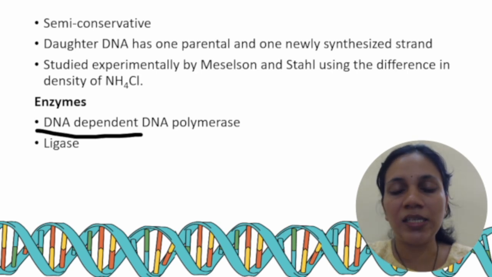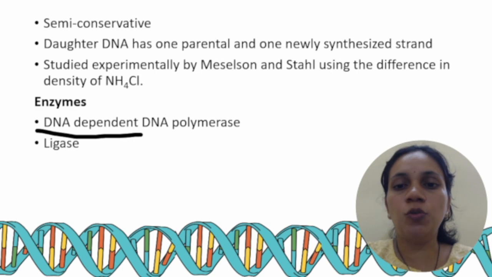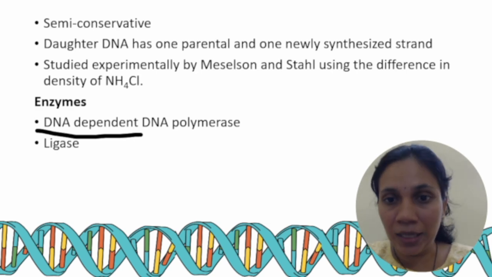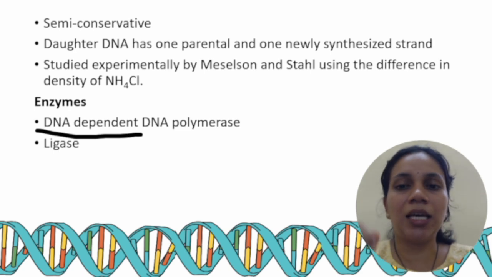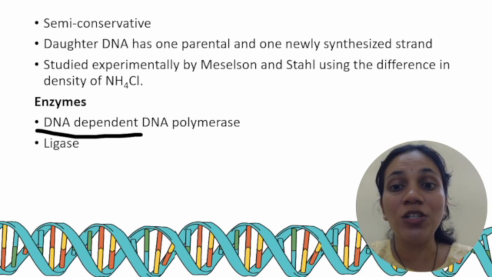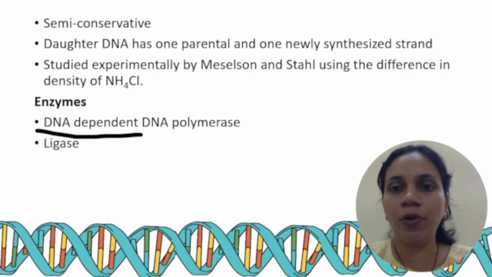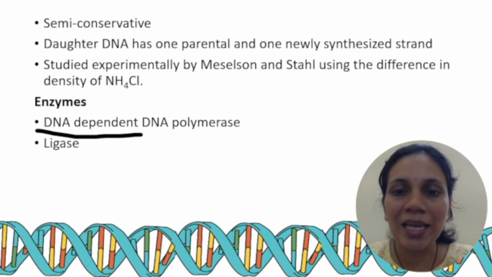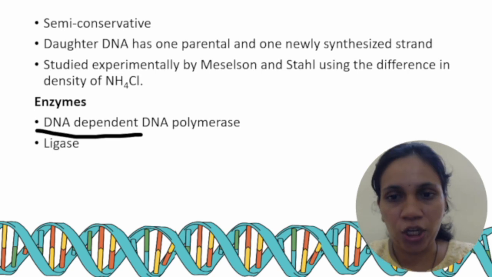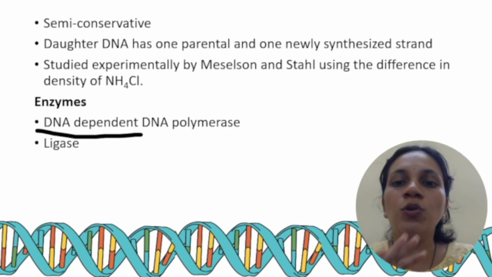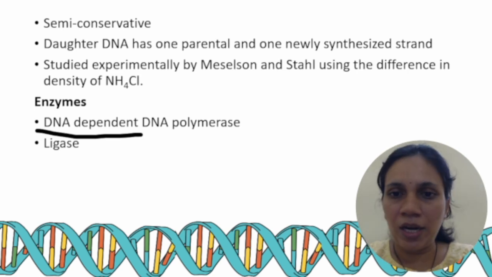Secondly, this process has to occur in a very accurate manner, because it is DNA replication, right? So any mistake, any fault in this DNA replication is going to cause mutations, right? Again, let's go back to the example of crochet. If there is any mistake while making the crochet, okay, it is going to change the design, right?